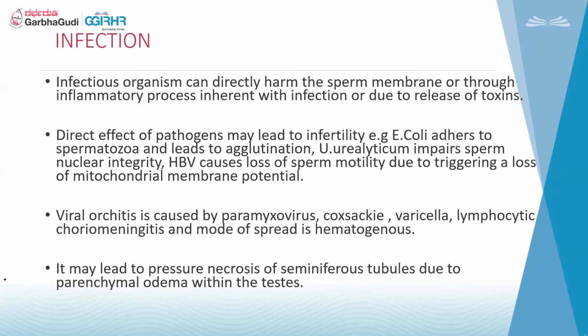Viral orchitis is caused by paramyxovirus, Coxsackie, varicella, or lymphocytic choriomeningitis virus. The mode of infection is through the blood, and it causes infertility because of the pressure necrosis of the seminiferous tubules due to the parenchymal edema within the testes.